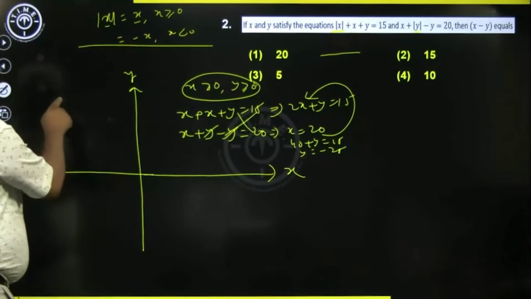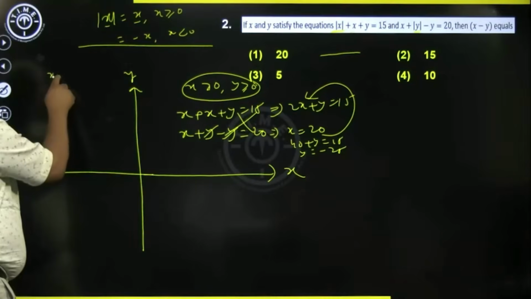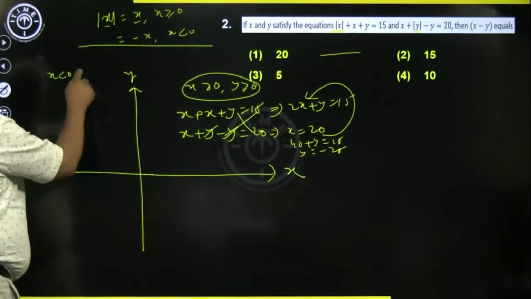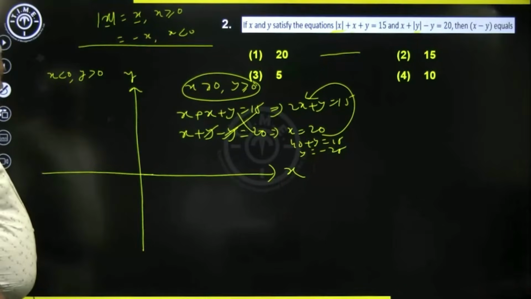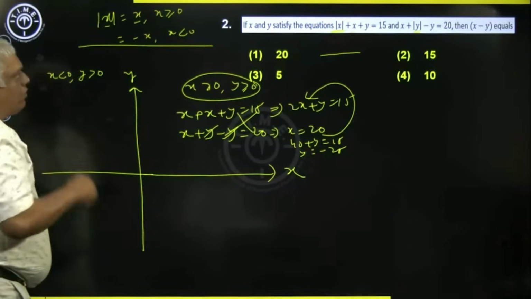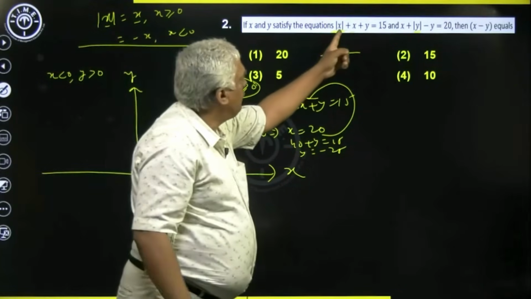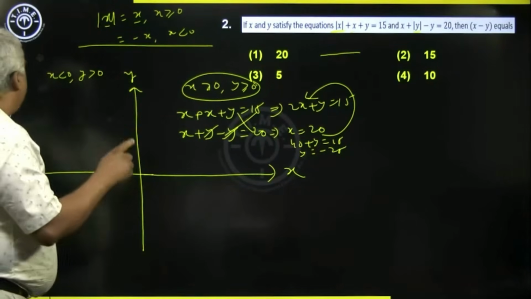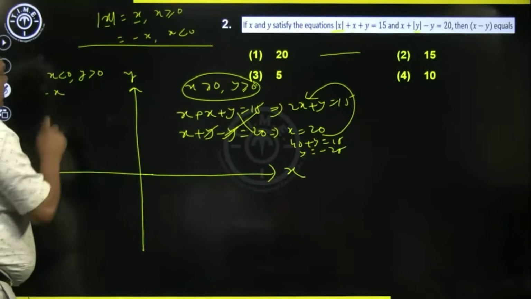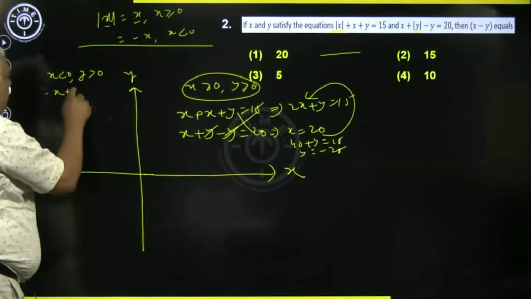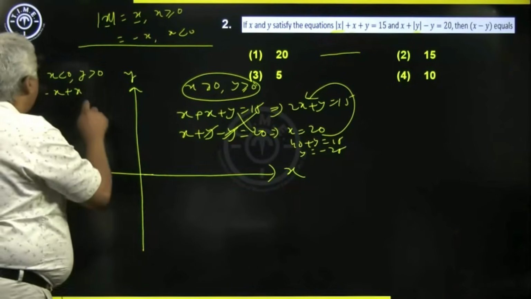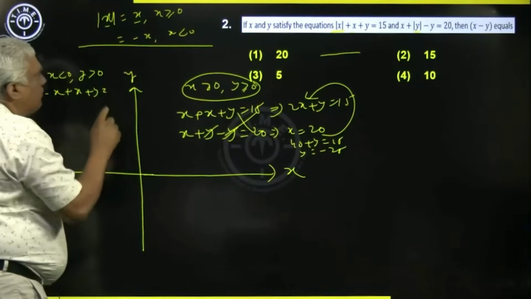Let us see the case where x is negative and y is positive. Here |x| will be -x since x is negative, so -x + x + y gives us 15.